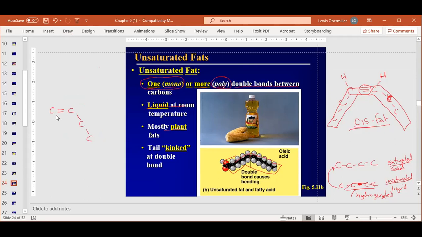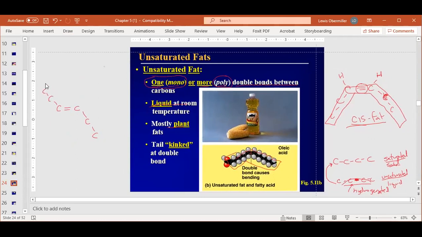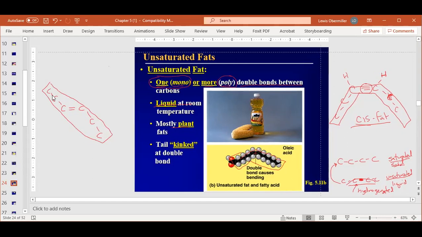And instead of making it cis, so this would be on the same side, we make it like this. So what is this shape more like? It's a little more straight. Right, it's more straight, it's not bent. And if it's more straight, when we add it onto that glycerol, we can pack it tighter. And so this is a trans fat.